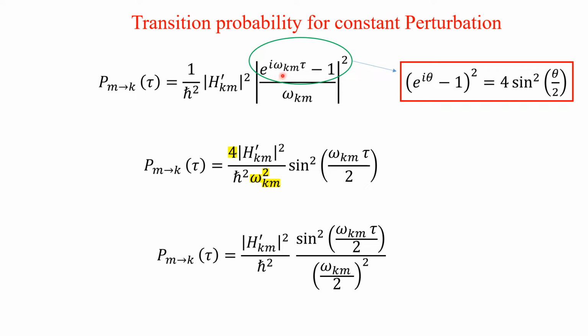You remember that this is ω_km tau, so ω_km tau divided by 2 as per this relation. So I am using this trigonometry fact that |e^(iθ) minus 1|^2 is equal to 4 sine squared θ by 2. So I got this expression. Note that it is yellow color shade. This I can rewrite with the denominator as ω_km divided by 2 whole square, because 2 squared is 4.